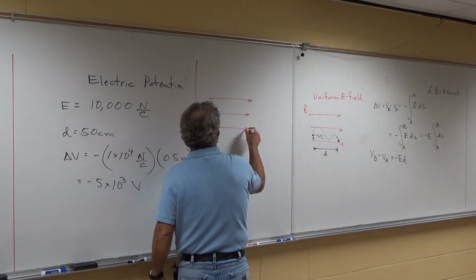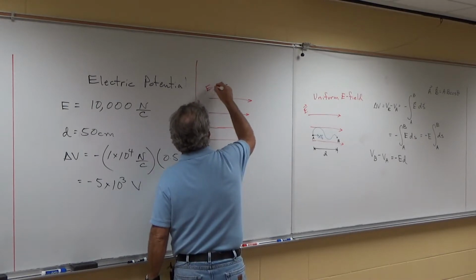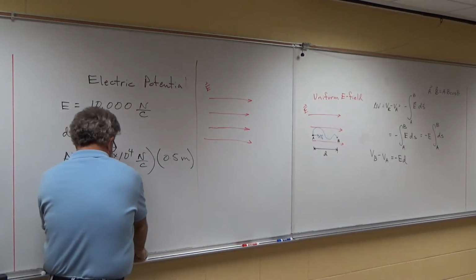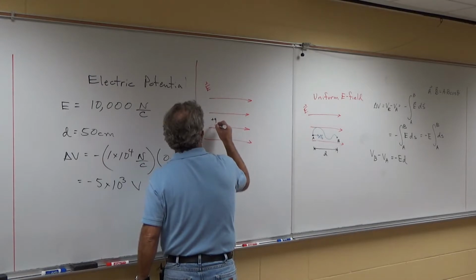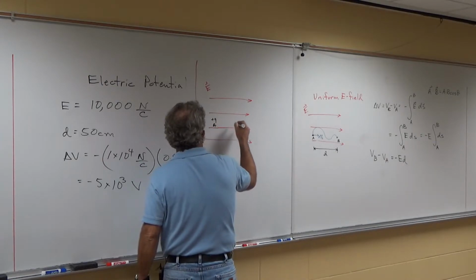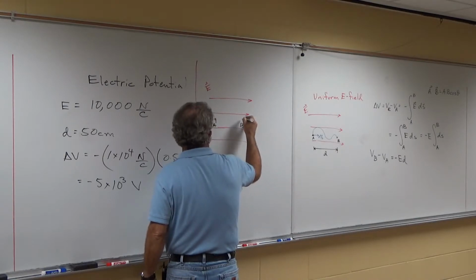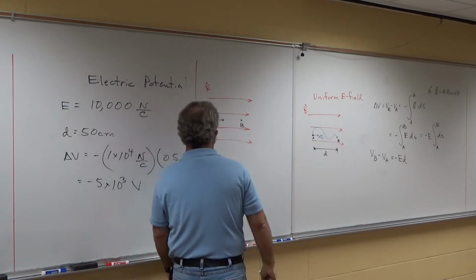I'm going to have a uniform field. Okay, here's E. So here's a positive Q at point A, and you allow it to move to point B. So Q is going in this direction.